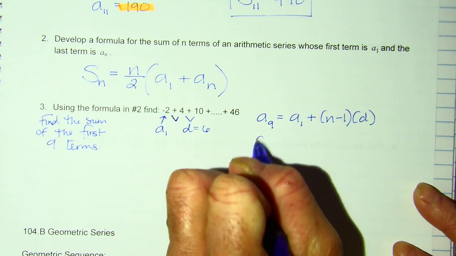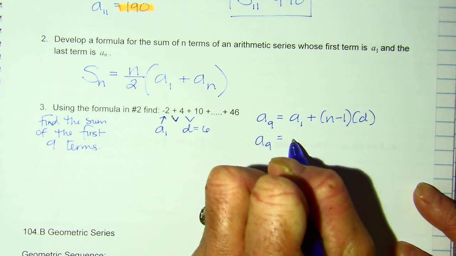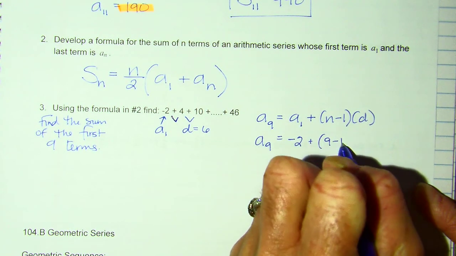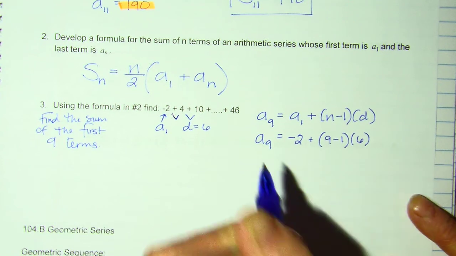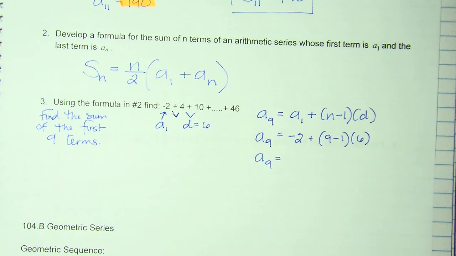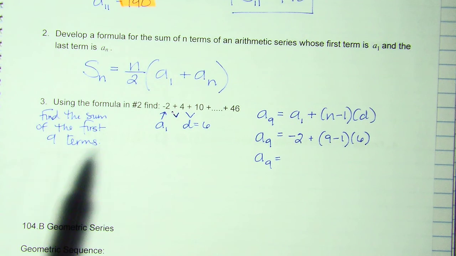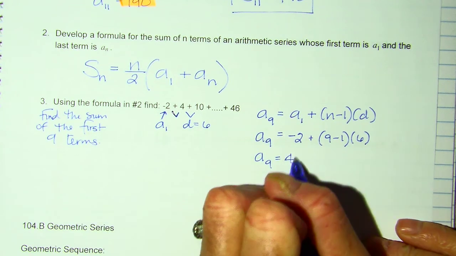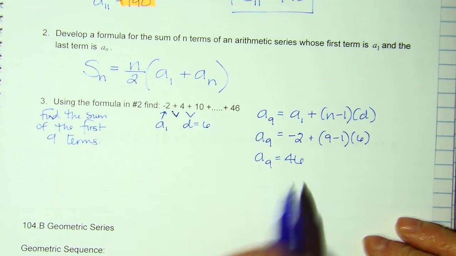The first term is -2, plus 9 minus 1 times the common difference of 6. So -2, this is 8 times 6, 48, minus 2 is 46. So beautiful, this is the 9th term.